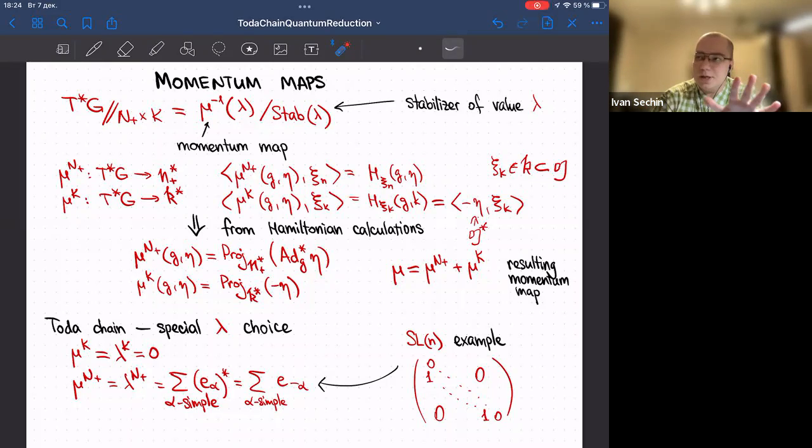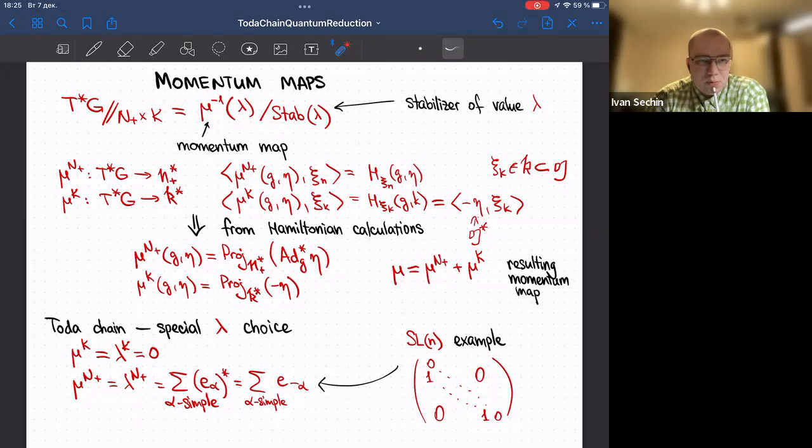And here we are trying to choose a large enough stabilizer and a large enough group, to have our dimension of this minus 2 dimension of this. Well, maybe after that it will be better to see. But now let's continue with the momentum map.